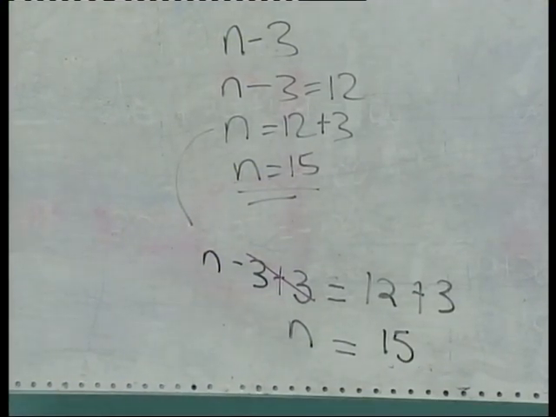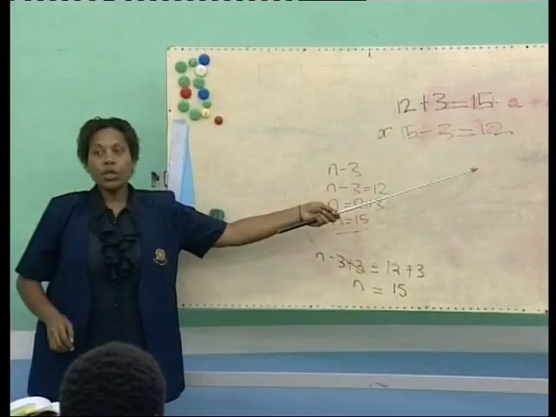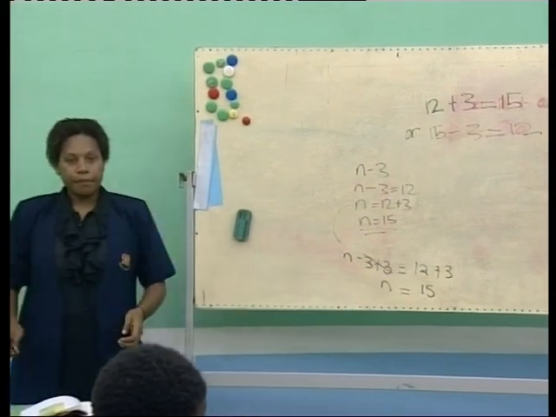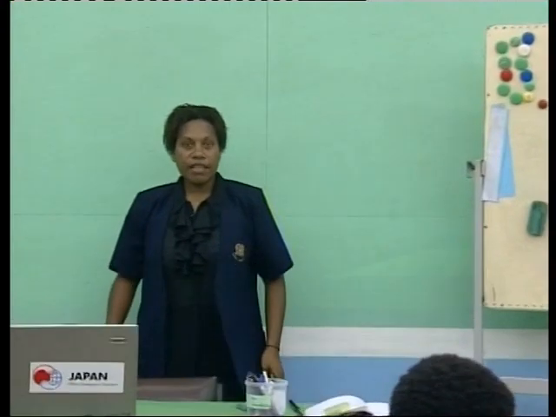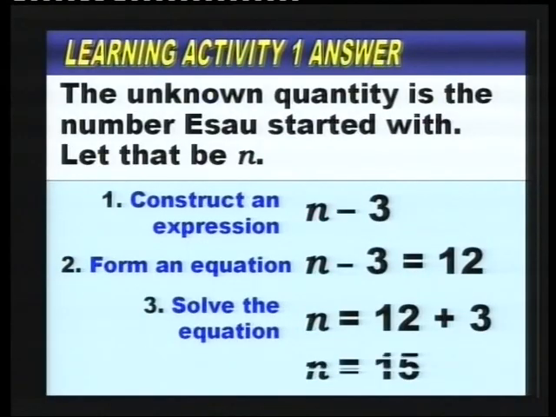So Esau thought of 15. 15 minus 3 is equal to 12. You can confirm your answer. Is that clear, 7Es and receiving students? Let's just go through. n equals 12 plus 3, n is equal to 15.